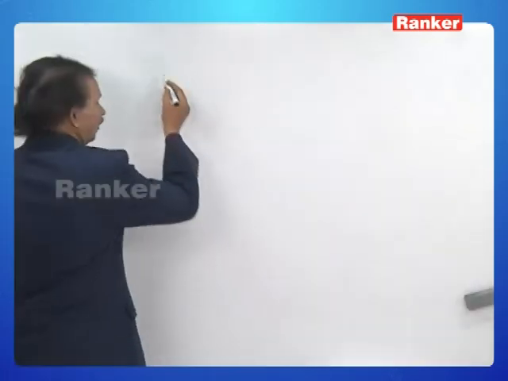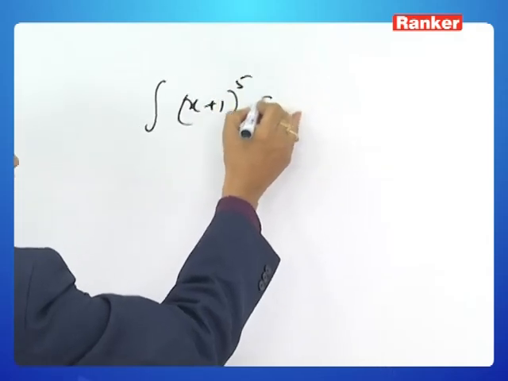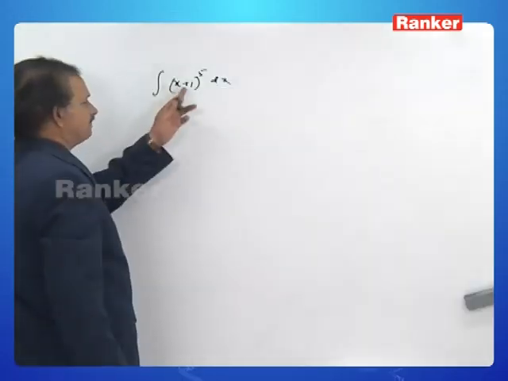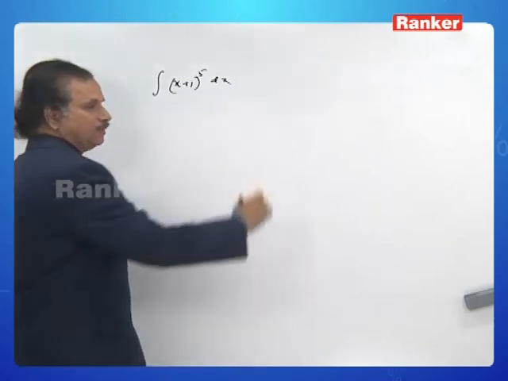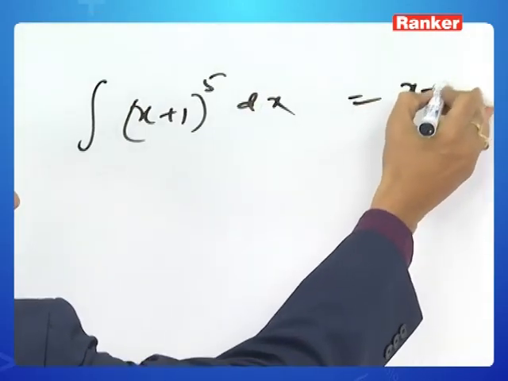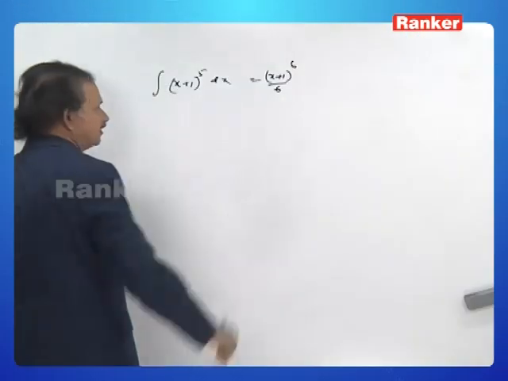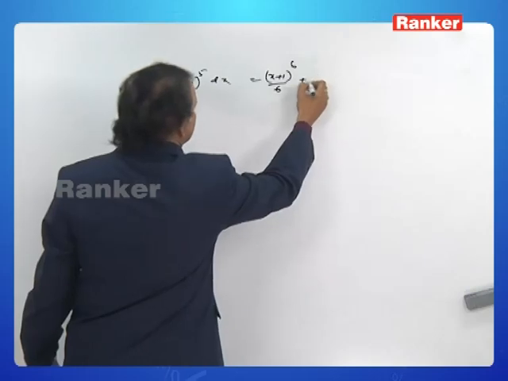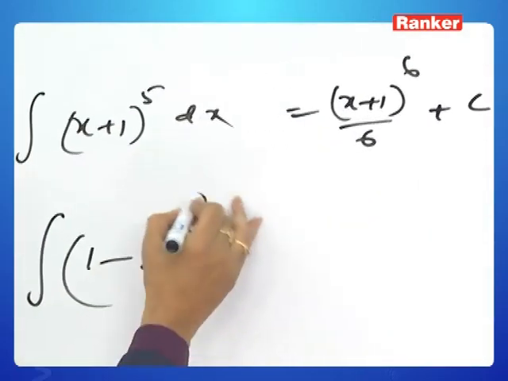Well, okay, what is integral of x plus 1 whole to the power of 5 dx? It is of first degree. This looks like x power 5. Its integral is x power 6 by 6. That is x plus 1 whole to the power of 6 by 6, divided by the derivative, which is 1, plus c. Integral of 1 minus 3x whole to the power of 8 dx.